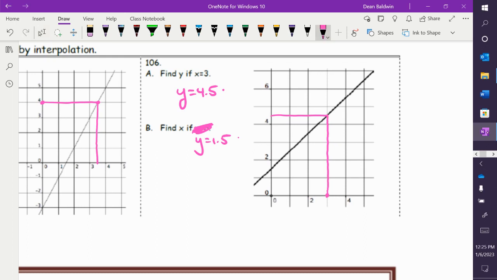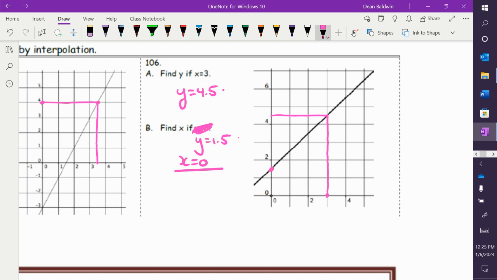If I make y equal 1.5, that's that point right there. Are we on the graph? Yeah. So what's the x value? 0. X is 0.